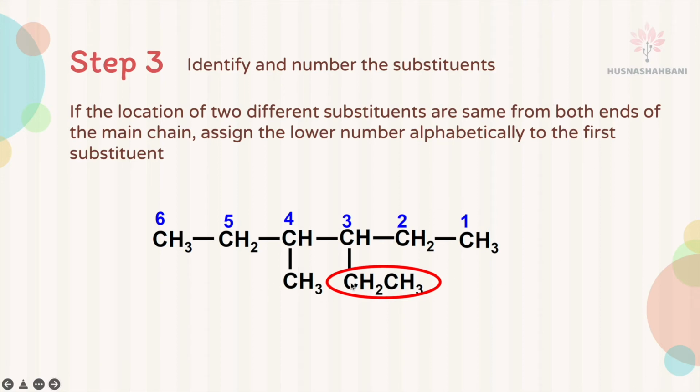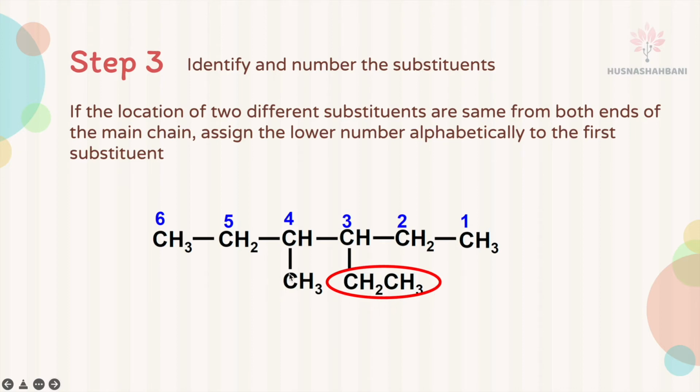Both will get number 3. So we have to choose whether we start numbering the carbon number 1 from the left or from the right. We choose based on the alphabetical order of the name of the branch or substituent. This carbon branch, total carbon is 2 carbons. When the alkyl group has 2 carbons in total, the name is ethyl.